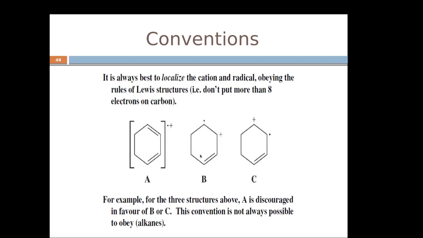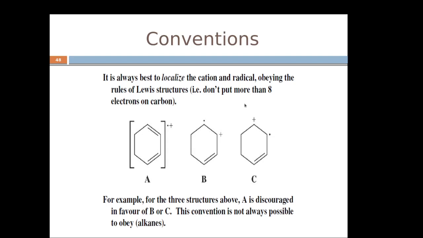So it's always good to represent the molecular cation in such a way that the radical and cation are separately shown on different carbons, rather than this structure. It's always better to represent the radical cation as either B or C. So this is the first convention, where you need to localize the cation and the radical on different atoms.